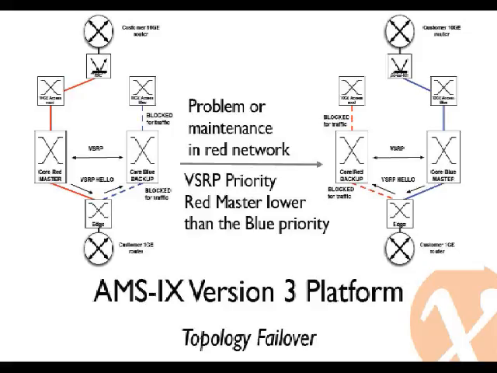This is very briefly how that worked. On the left side, you see the red network active, and the photonic switch basically disconnected the router on top from the blue network and connects it to the red network. If we detect somehow some problem, the whole thing switches over to the blue network.